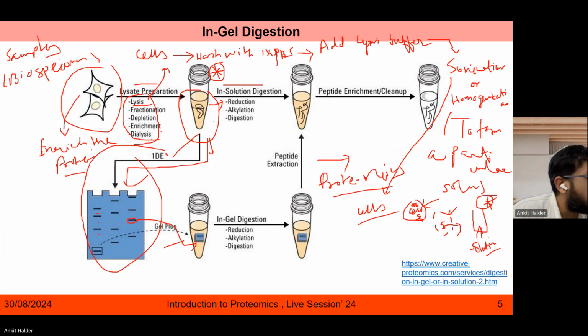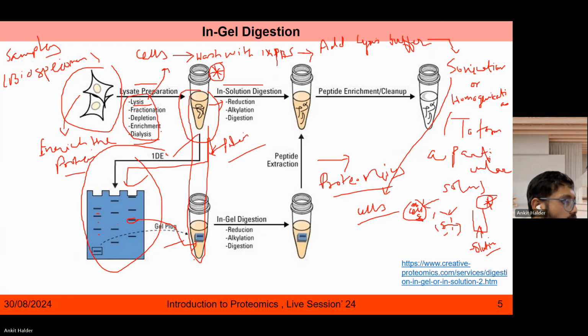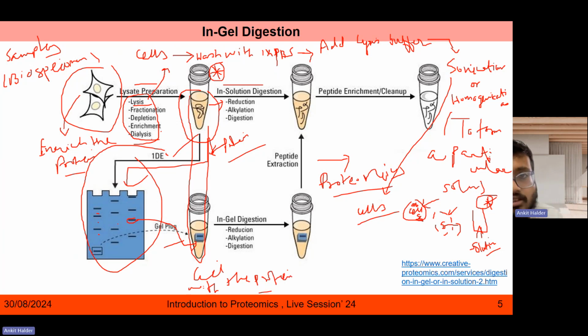This is the state where you can see that either our protein or the gel band with the protein is in our particular solution. And then we will proceed with the same step of digestion.